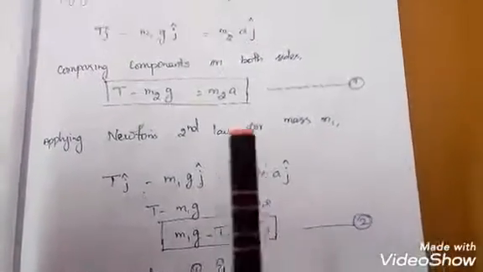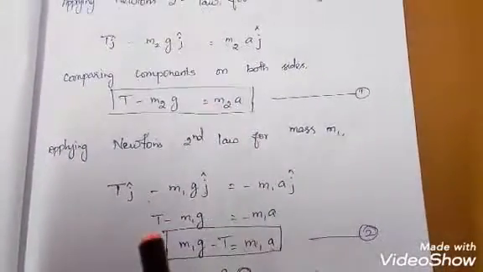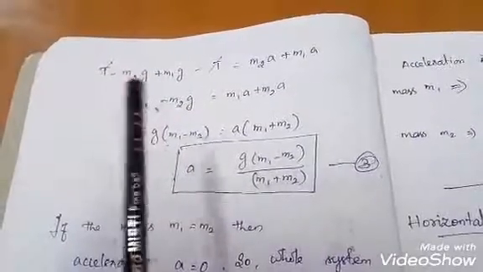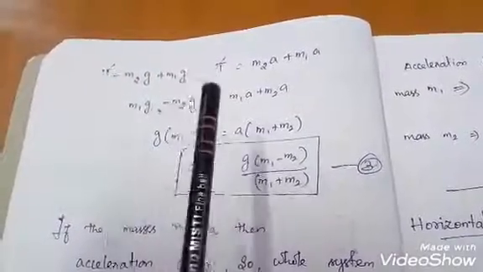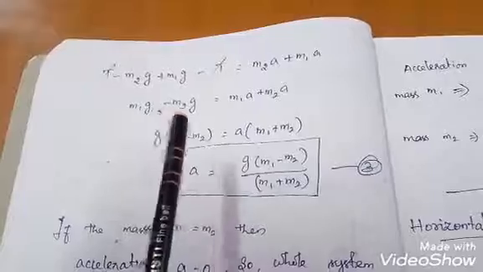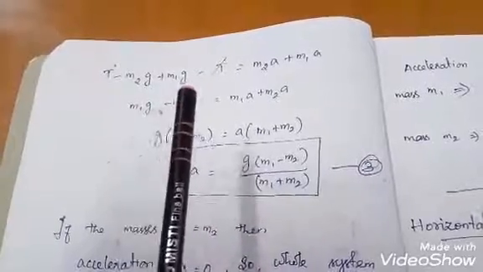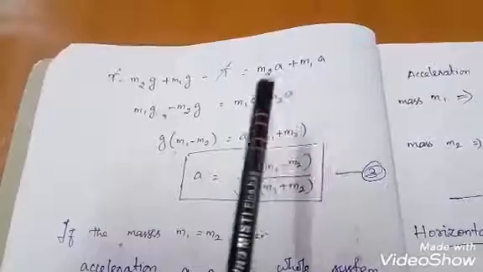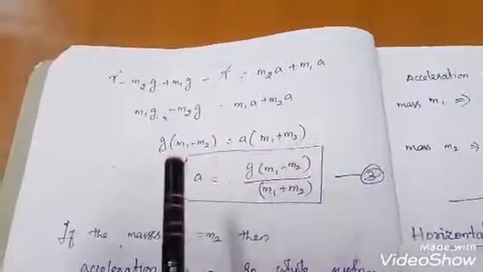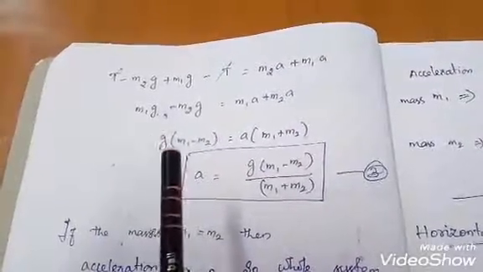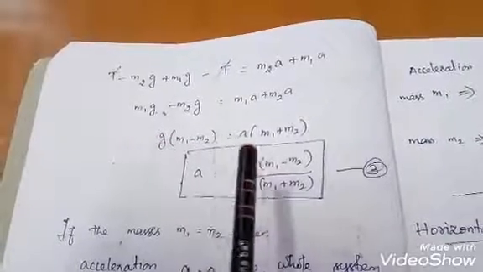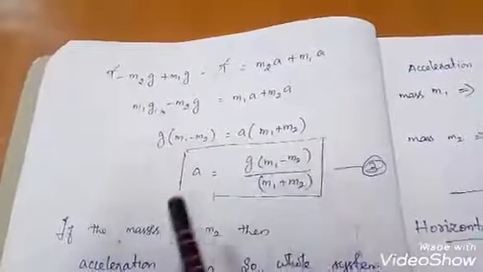Now we add the two equations 1 and 2. Writing the terms in addition, we cancel out the plus T and minus T. So we get the remaining terms m1g minus m2g equals m1a plus m2a, and we take g as the common term outside, so g times m1 minus m2 equals a times m1 plus m2.